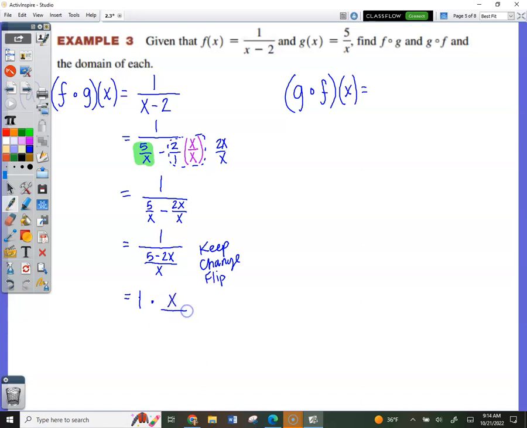Flip it real good. Sorry. And now, what's 1 times anything, y'all? Don't sit here and try to distribute the 1. What's 1 times anything? Itself, right? Don't get so caught up in the semantics of it that you forget you're just multiplying by 1 here. So this is just x over 5 minus 2x.